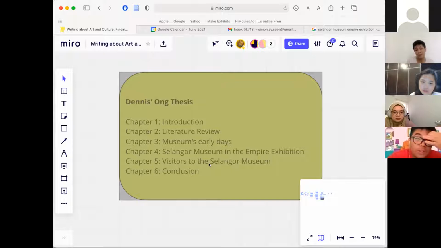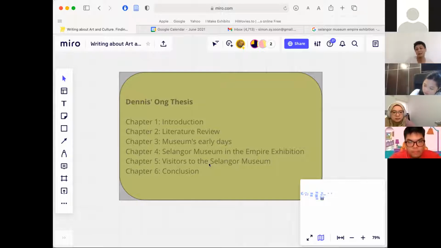So it's still about the Selangor Museum, but you're also connecting the history of Selangor Museum to specific issues that you want to address, and it's not just a straightforward chronological history of this and this happened in Selangor Museum.